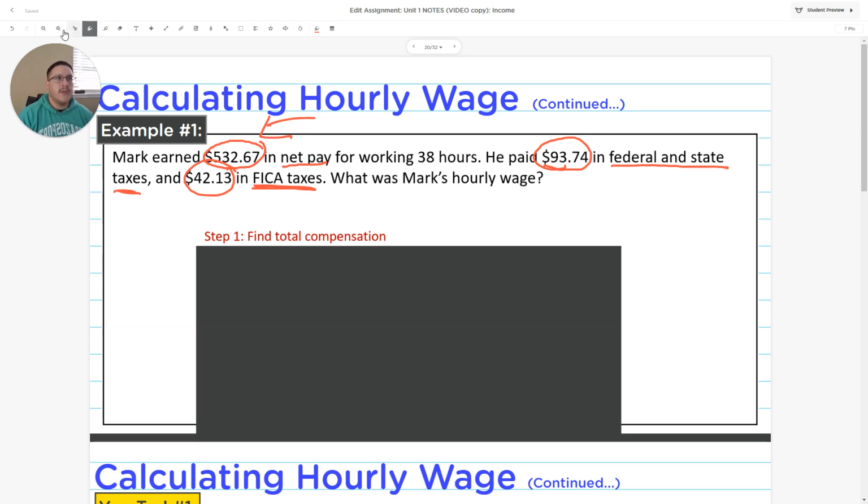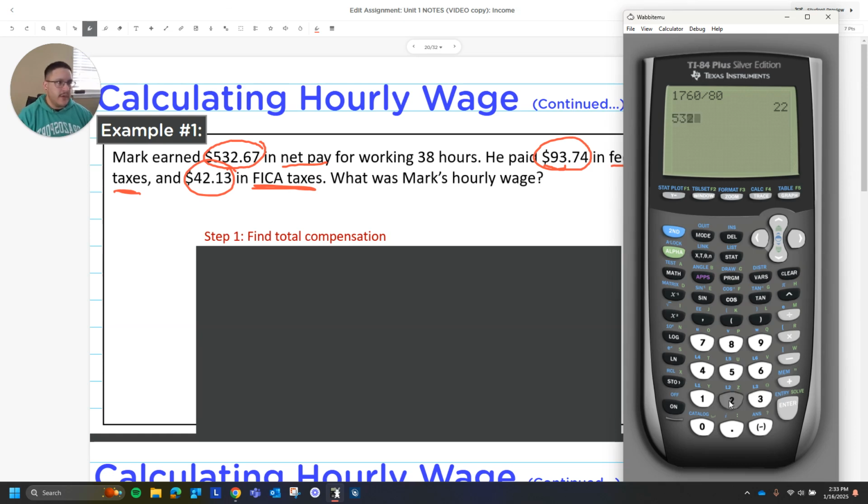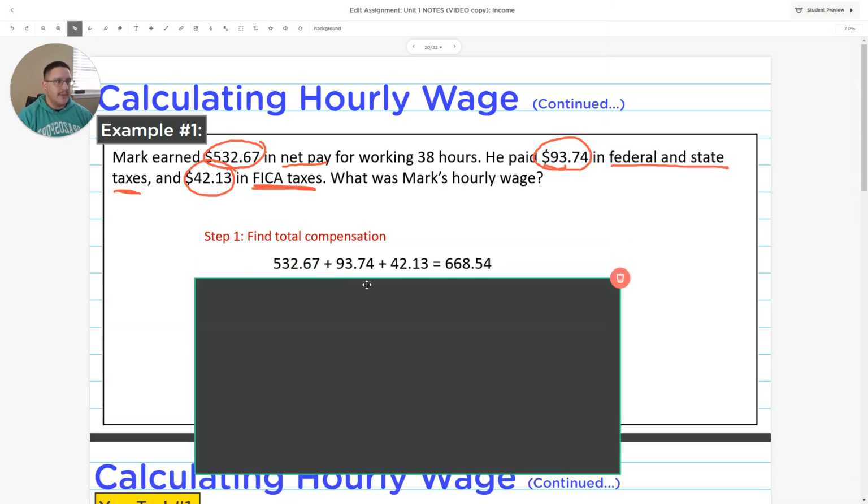So how do we find the total compensation? We add everything there. $532.67 plus 93.74 plus 42.13. And we get $668.54. That is the total compensation.